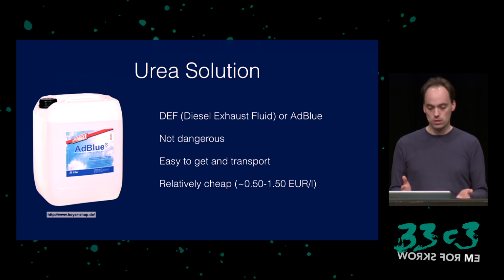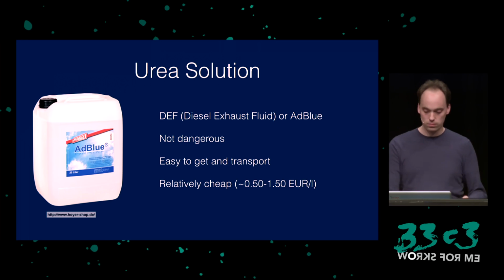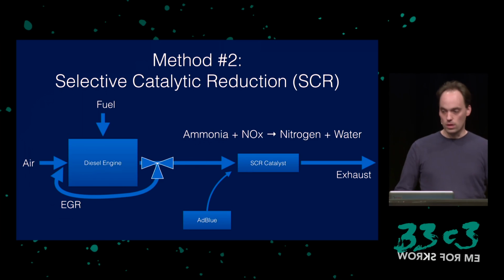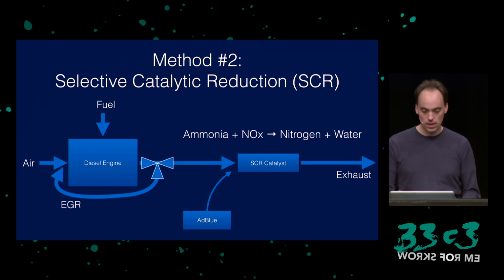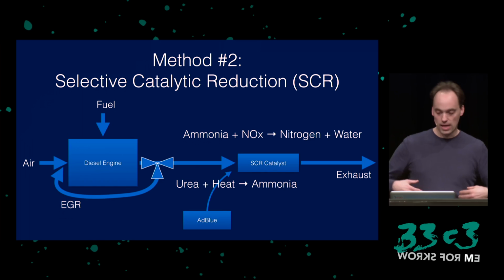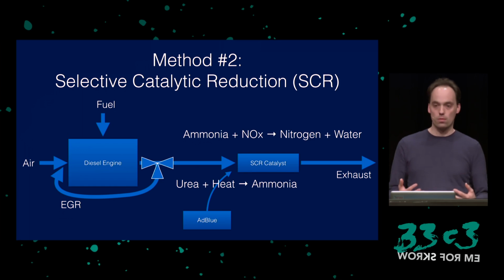It's not dangerous. You can buy it. You can transport it. It's relatively cheap. So the idea is we have this reaction that requires ammonia in the catalyst, and we put AdBlue into it, or urea, and using the heat that we have in the exhaust pipe, we create the ammonia that we need to reduce the nitrogen oxides back to nitrogen and water.